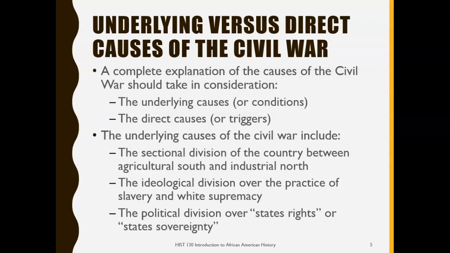So white people had to be superior to black people according to the people in the South. Another division is a political division over the rights of a state. So the people in the southern states believed that the states had sovereignty. So this is what they call states' rights.